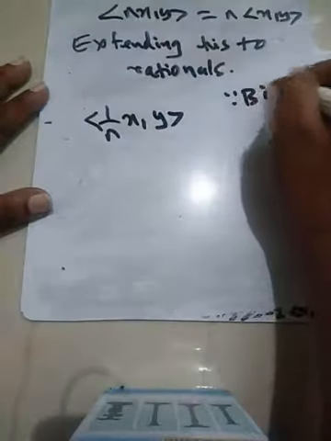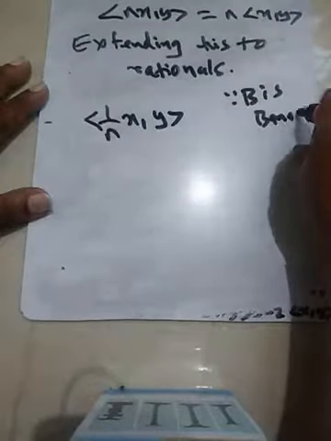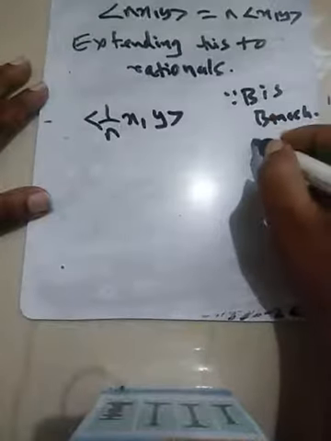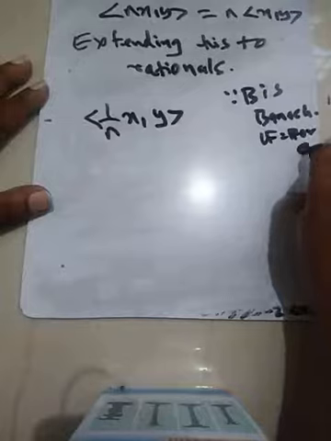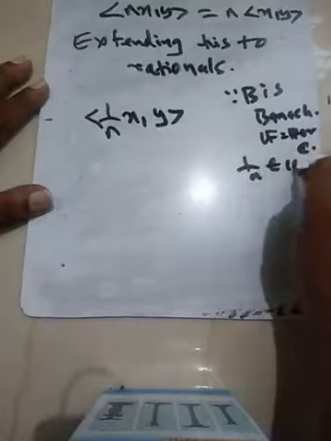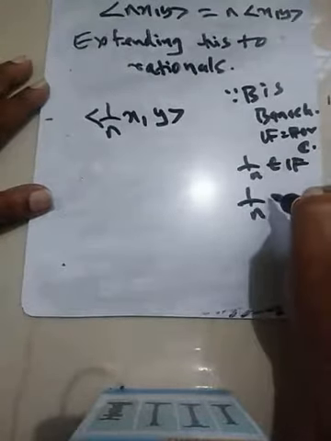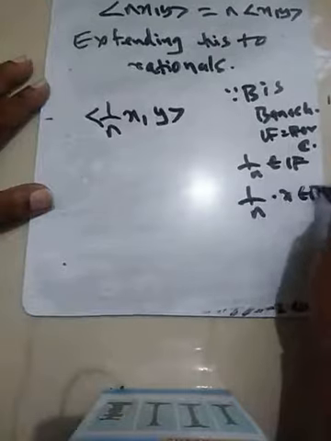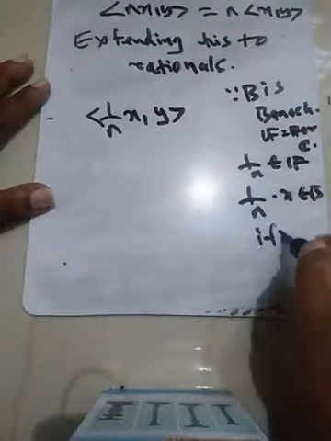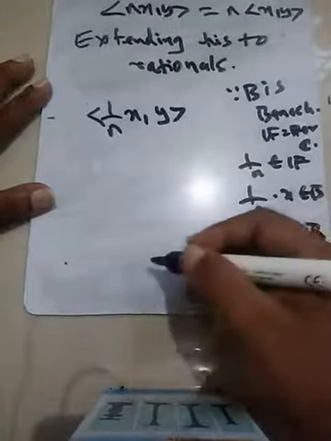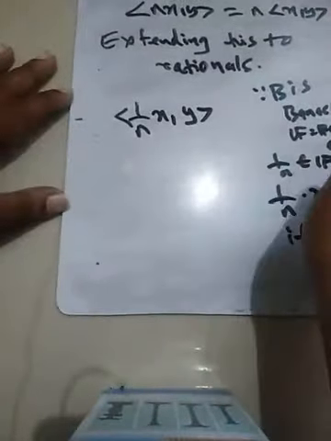Since B is Banach and F is a field, either R or C, 1 by n belongs to F. So 1 by n multiplied by x belongs to B if x belongs to B. Let's call this object x dash.